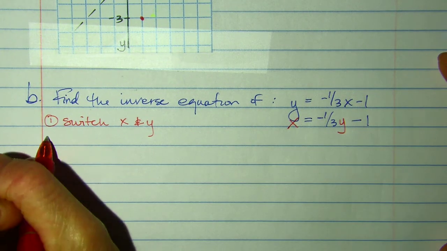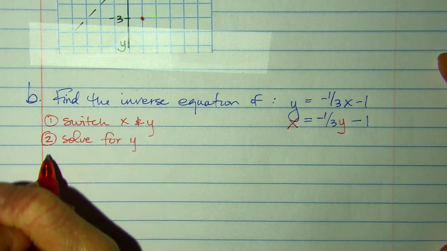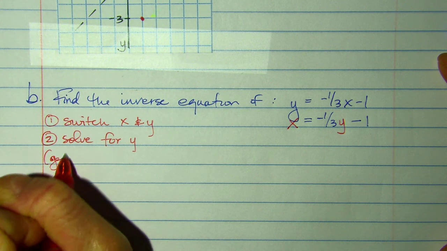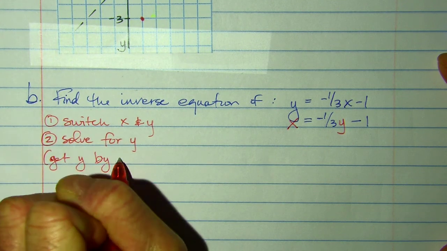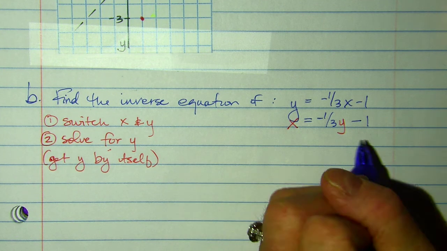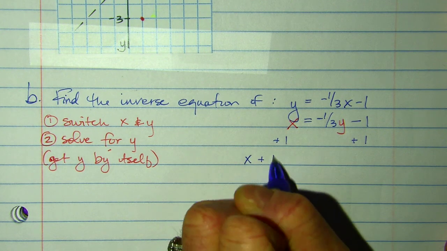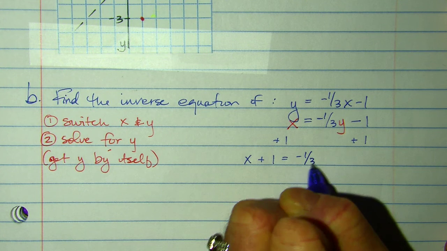Step 2, solve for y, which just means get y by itself. Those are the only two steps. So I would add 1: x plus 1 equals negative 1/3 y.